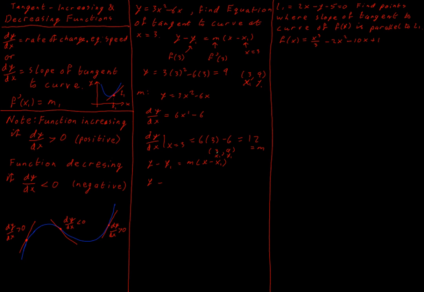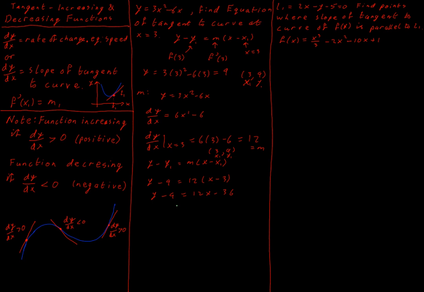So I have my m directly written above my formula, and I have my point directly written above my formula. Minus 9 is equal to 12 on x minus 3. And if I had negatives in here, I'd have to put everything in brackets. So y minus 9 is equal to 12x minus 36.